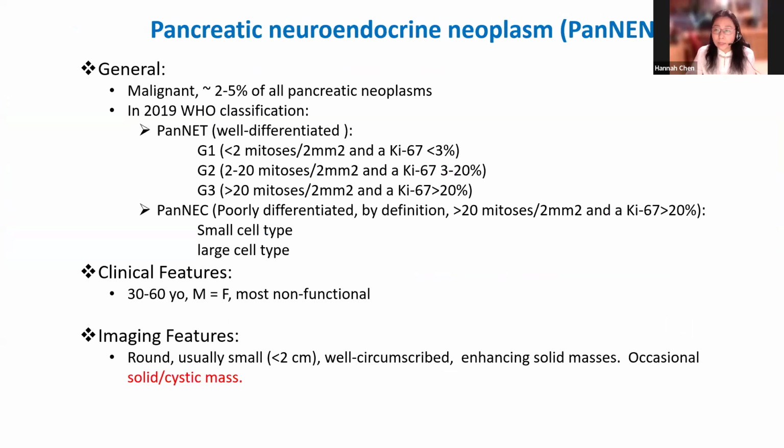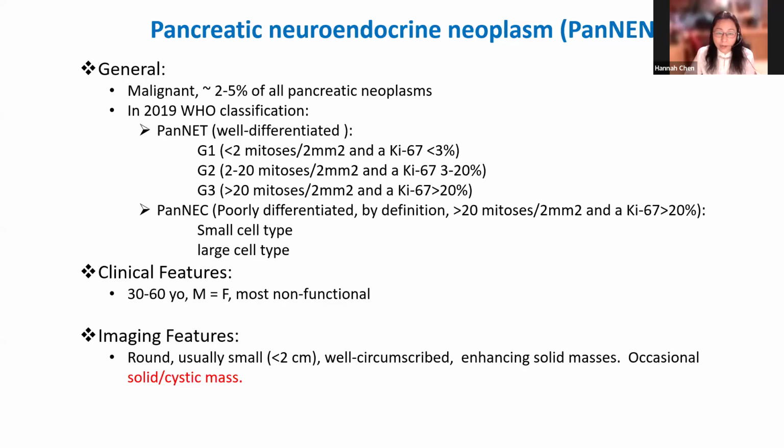So pancreatic neuroendocrine tumor, general information: all pancreatic neuroendocrine neoplasms are malignant. It's also relatively rare. It accounts for 2 to 5% of all pancreatic neoplasms. In 2009, WHO classified it as pancreatic neuroendocrine tumor, further divided into G1, G2, G3 based on the mitosis and Ki67 proliferative index count.